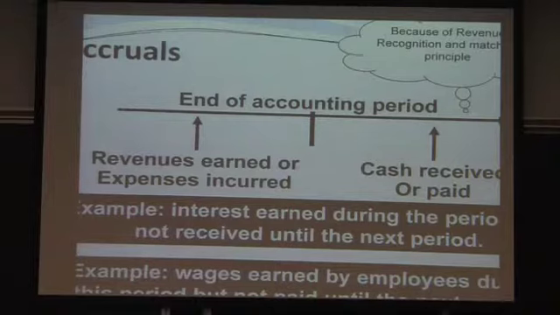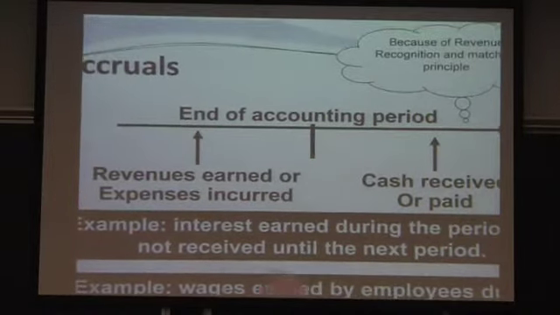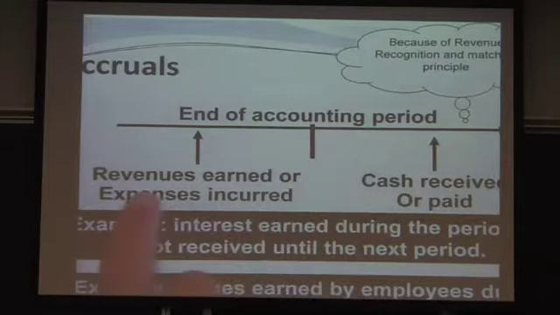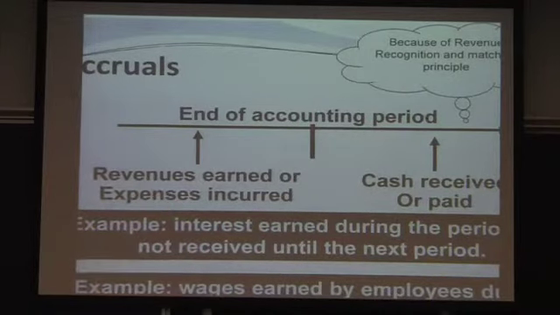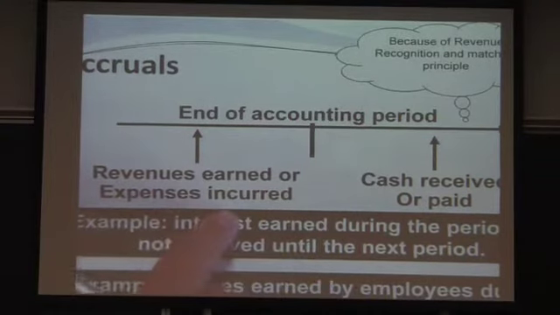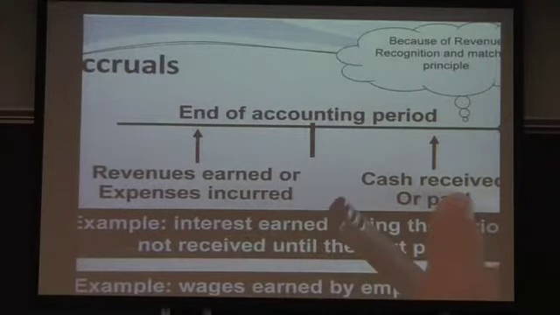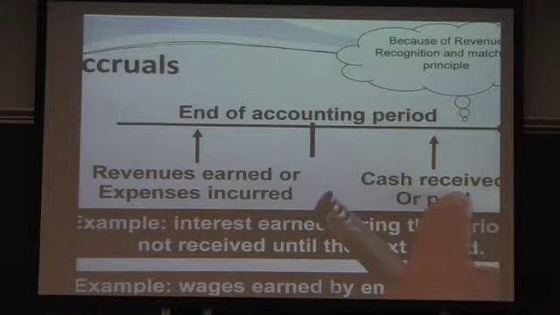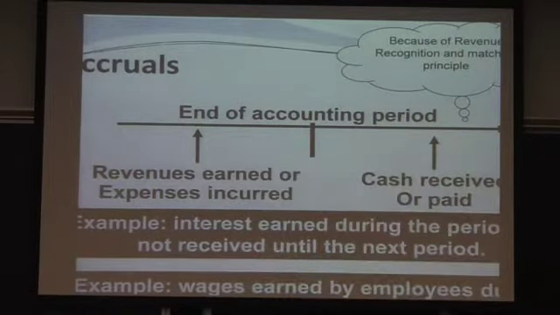So in this particular example, on November 30th, we have earned, so we have the right to bill our customer $1,000 worth of invoices, which were not sent out until December and received payment in December. So this is an example of accrual.